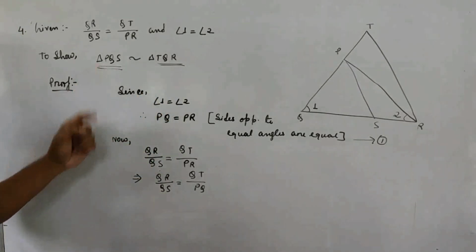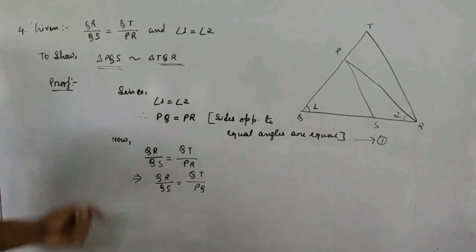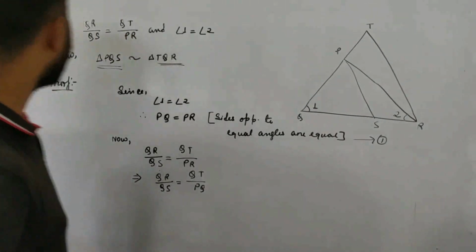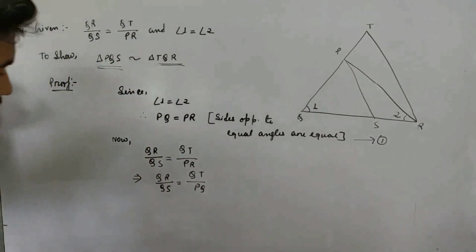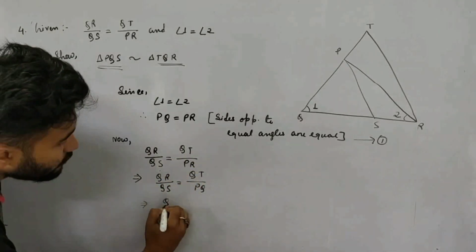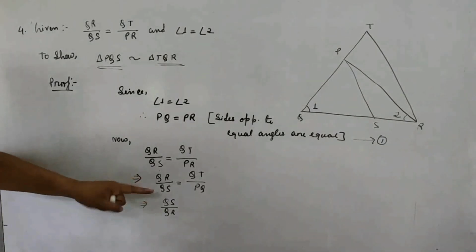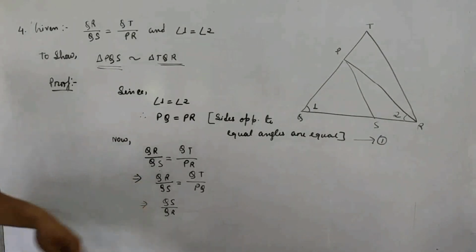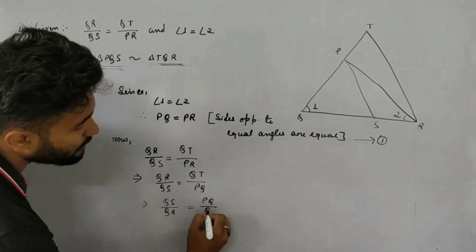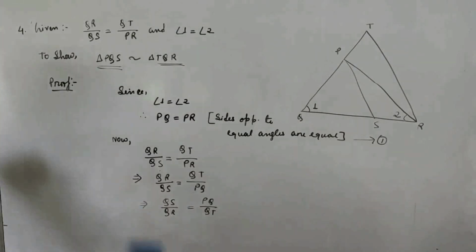Similarly, PQ is first, but over here PQ is below. So we will change that one. Just we will reverse this. Do the reciprocal: QS by QR. If on the left side we have done reciprocal, the right side will also get reciprocal: PQ by QT.